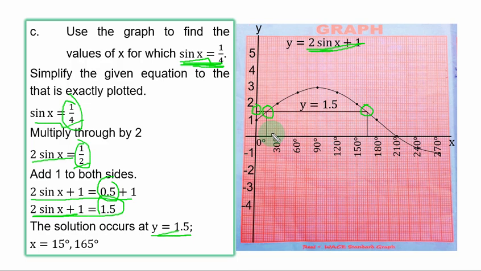Notice that one line is 3 degrees, here is 15 degrees, and this place is 165 degrees. Here you start counting from 0, here you start counting from 150 to this point. So that is the solution of the equation. The values of s, 15 degrees and 165 degrees.